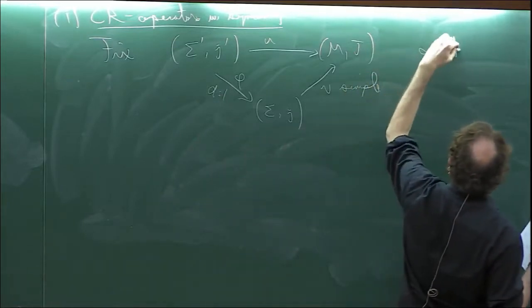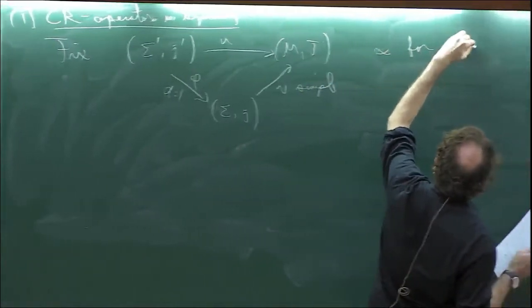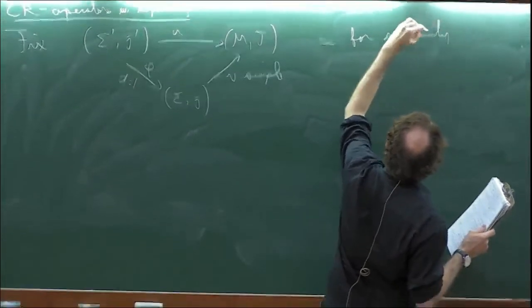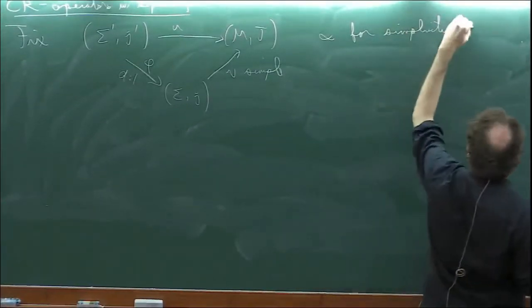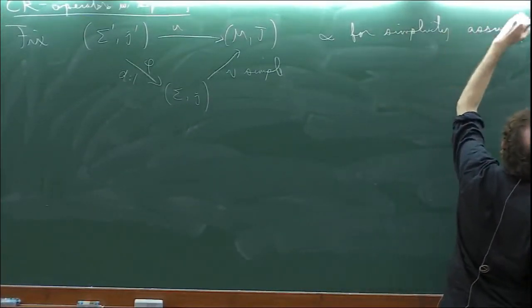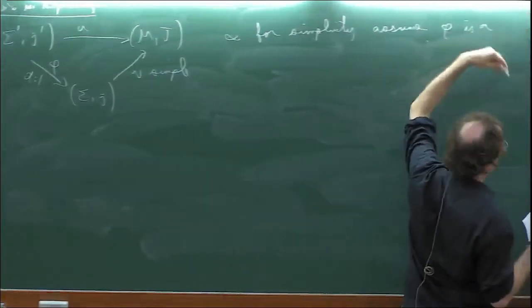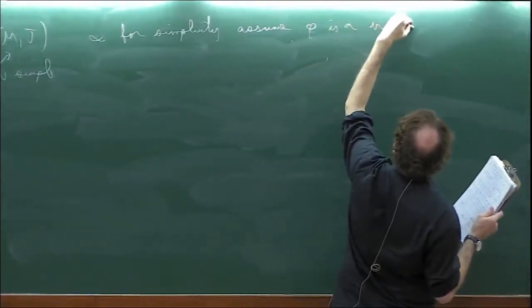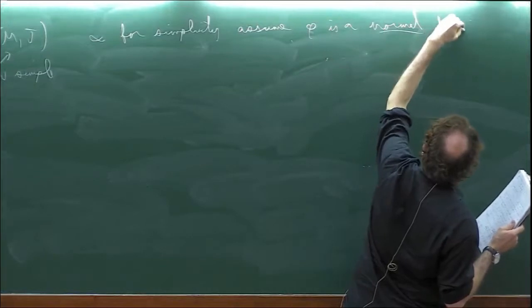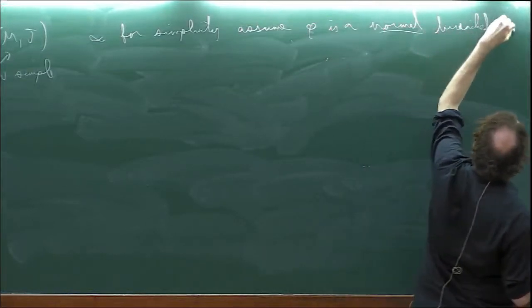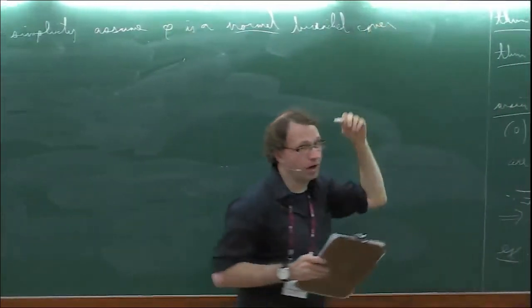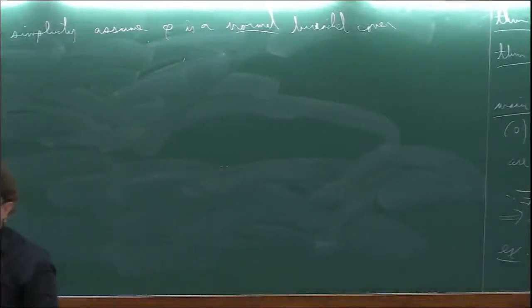And for simplicity, this is an assumption that I'll later be able to drop, but I'm going to apply it for now. Let's assume phi is a normal branched cover. So I mean normal in the sense of covering space theory. You may recall this means something about some subgroup of the fundamental group of something being a normal subgroup.